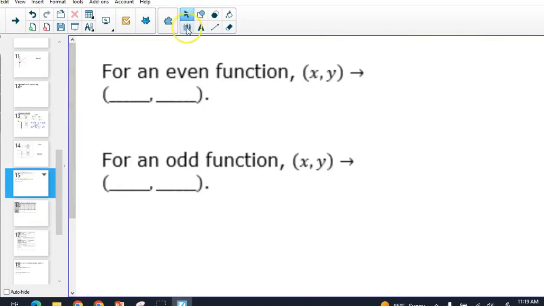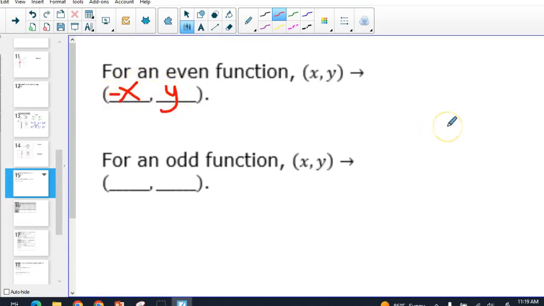So we're going to have our negative x is equal to y. So if this works for all our points, for every x value, its opposite has the same y value. And that makes sense because we have our symmetry back and forth across that y-axis. So our y value should be the same height, right? So it should be the same value.